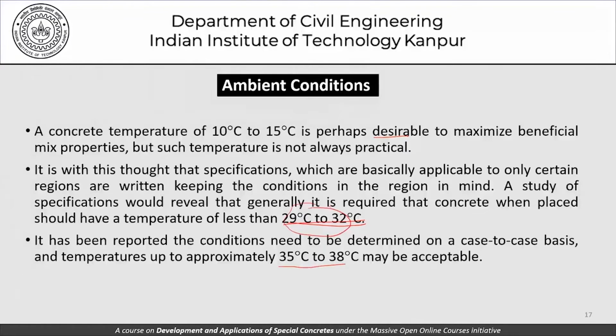So that kind of discretion of the engineer is always there and is exercised. So on a case-to-case basis, the temperatures may be allowed to about 35 to 38 degrees.